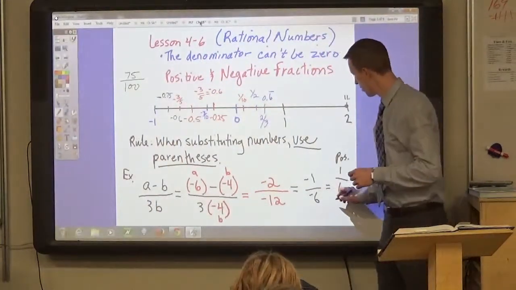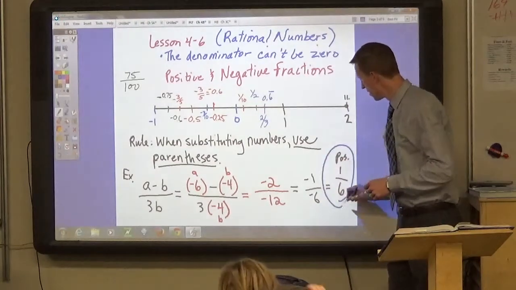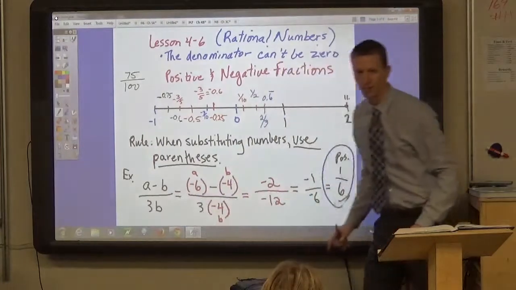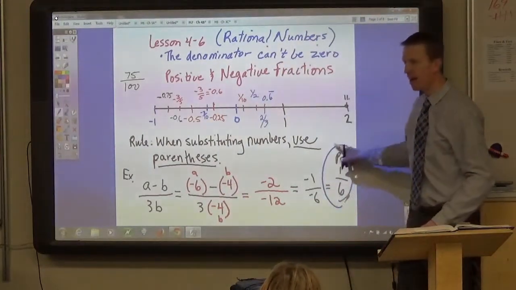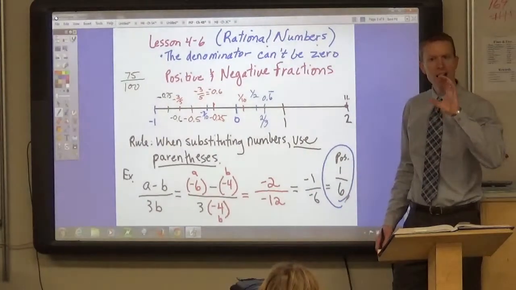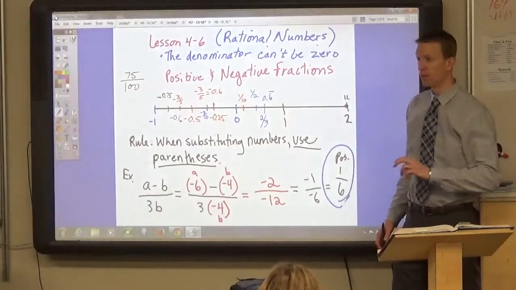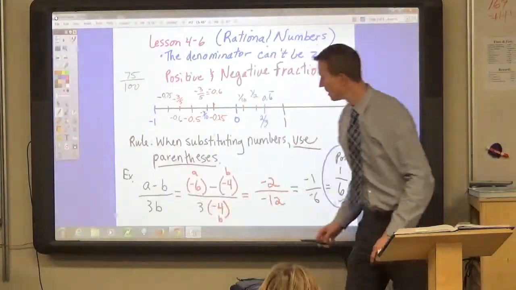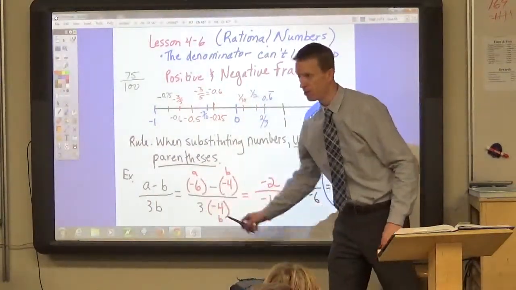Okay? So this is the evaluated expression. When it says evaluate, it means find the answer in a number form. Find the value of this using these numbers.